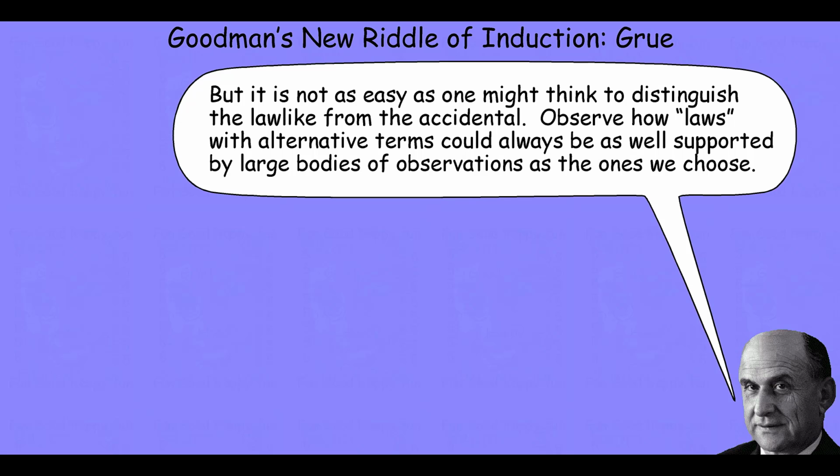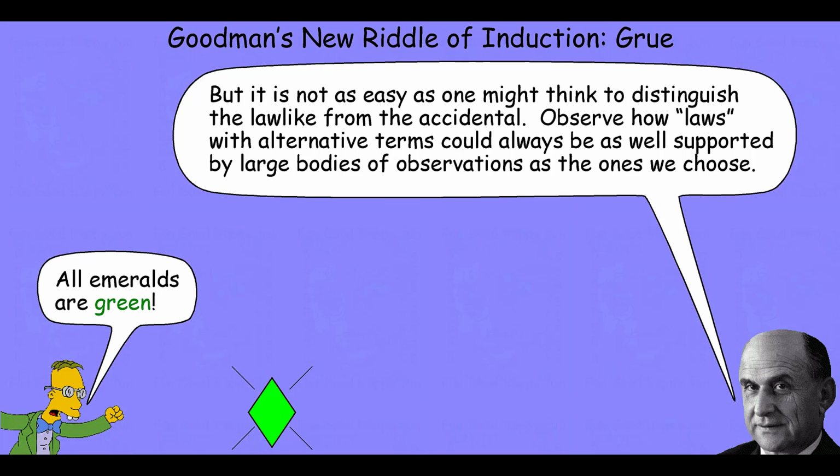But Goodman doesn't think it's as easy as that to distinguish law-like from accidental or contingent generalizations. Observe how so-called laws with alternative terms could be as well supported by large bodies of observations as the ones that we choose. Consider emeralds. If we observe many, many emeralds over a very long period of time, we may formulate the generalization, all emeralds are green.